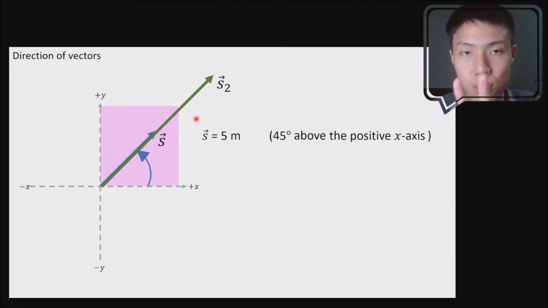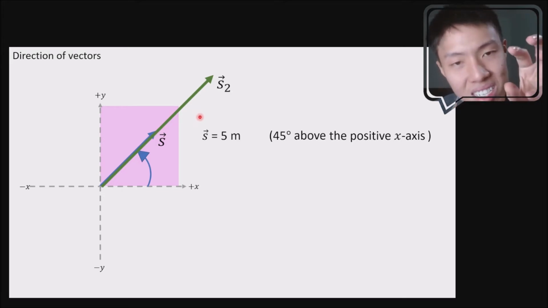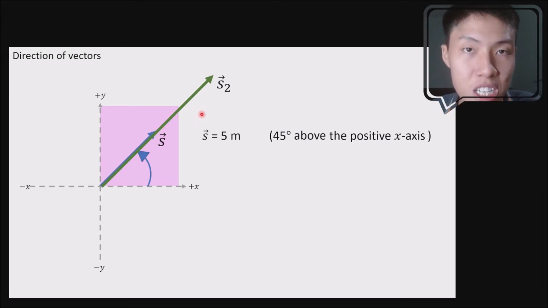The subscript 2 means that it's a displacement vector, so it's the same type of vector as previously. The subscript 2 just means that it's another displacement, so it's not the same as the previous displacement.